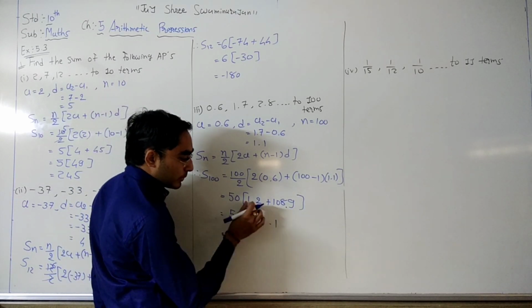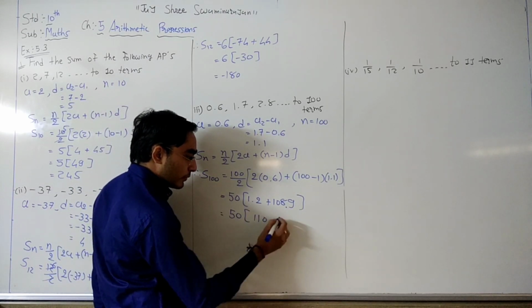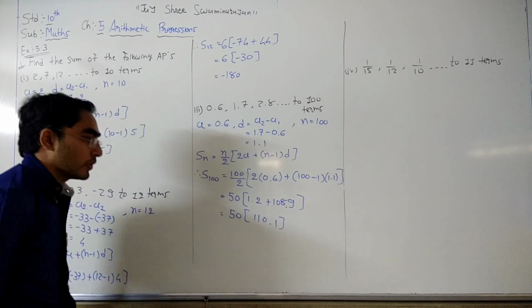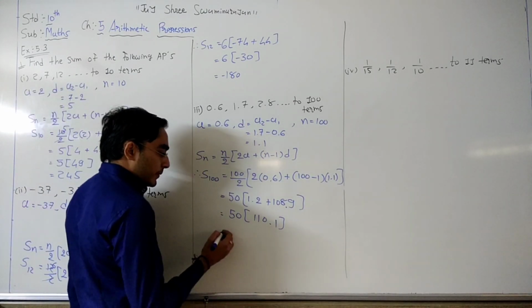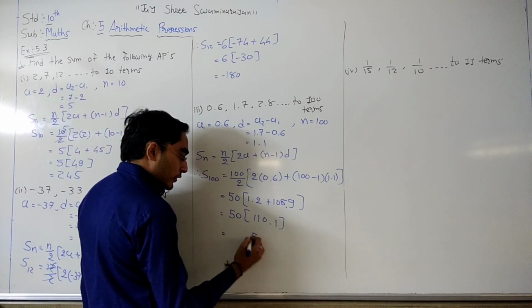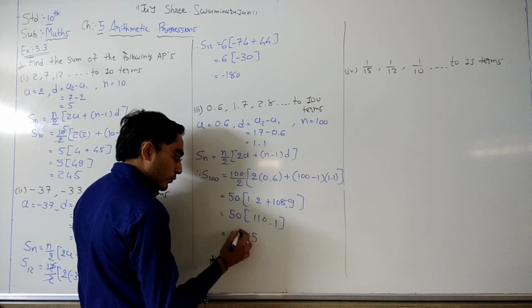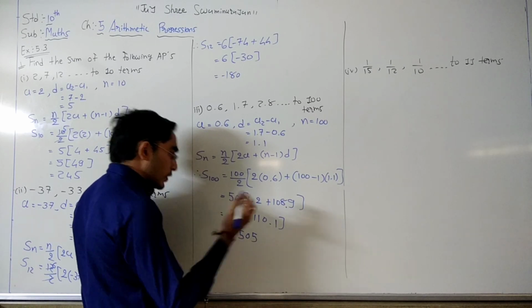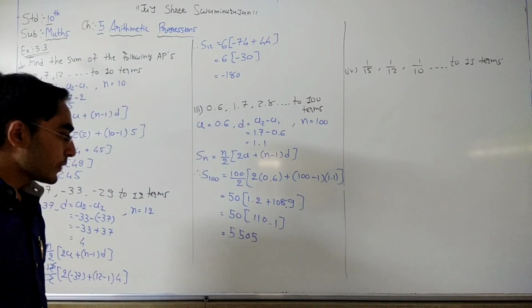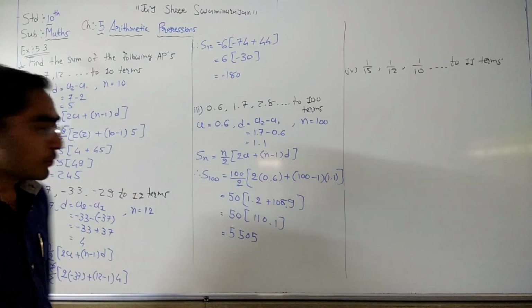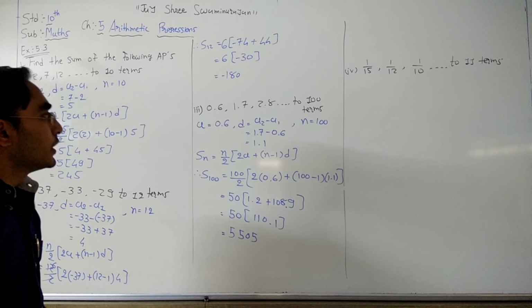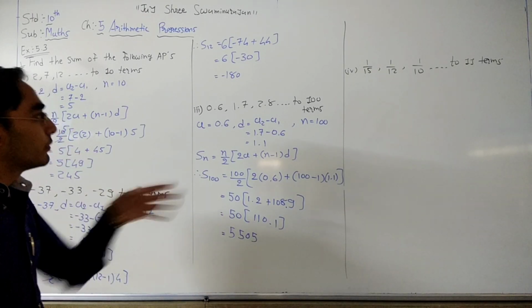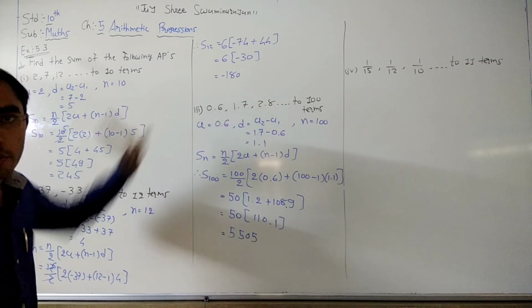And 109 plus 1, 110. Now finally 5 ones are 5, 0, 5 ones are 5, 5 ones are 5. So our answer of S100 is 5505. Okay, so this is the addition of the first 100 terms of this AP.